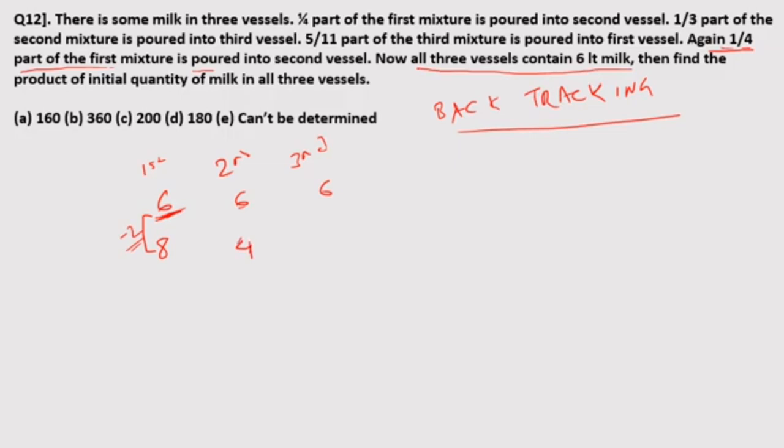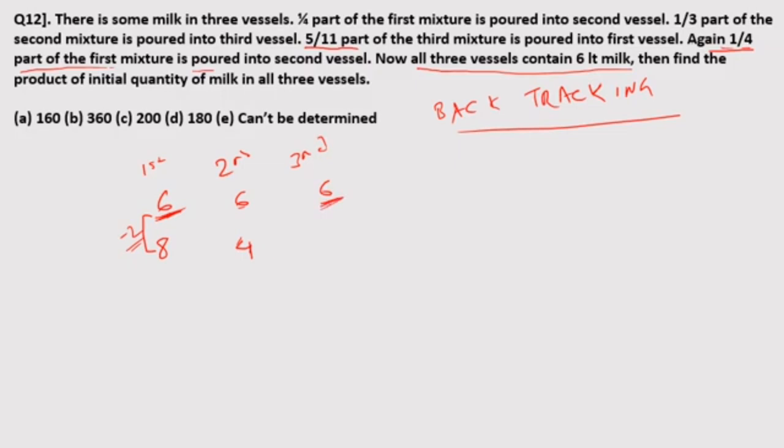Now before that, the line says 5/11 part of the third mixture is poured into the first vessel. If 5/11 part is poured into the first vessel, this part left is 6/11.